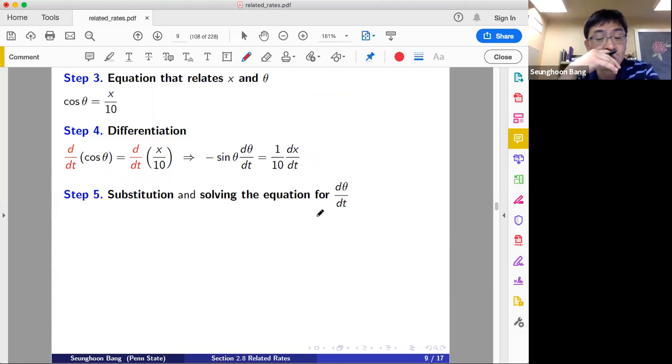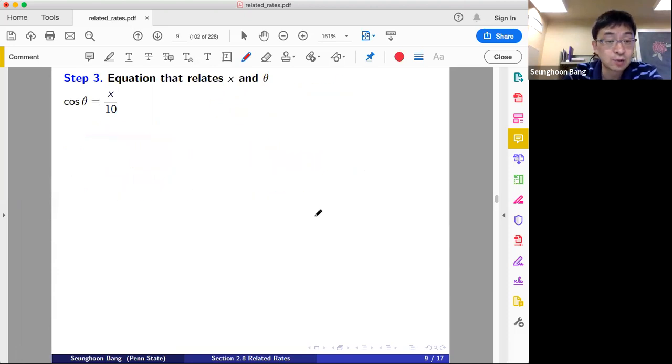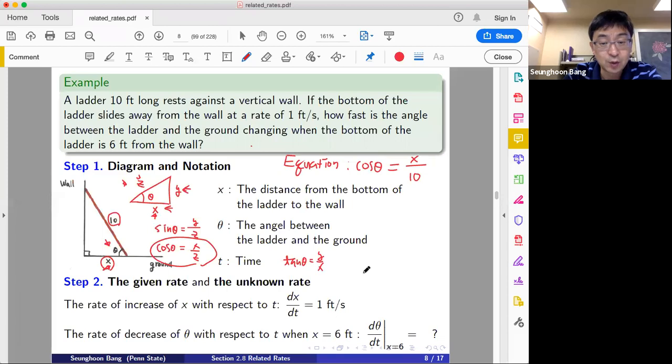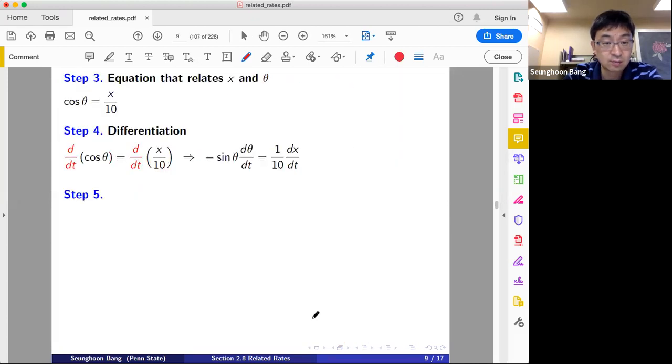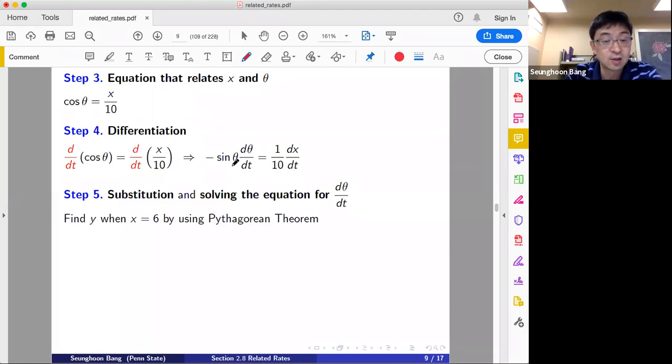Step 5 is substitution. You can substitute dx/dt equals 1 and x equals 6. How can you find sine theta? Use the remaining information, x equals 6. Plug 6 into here and find y.